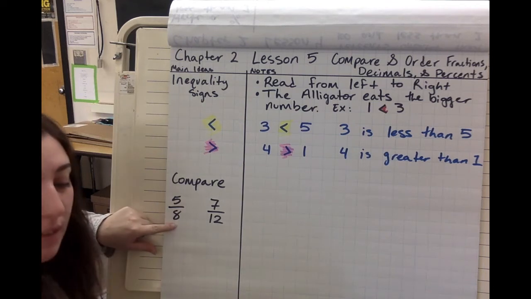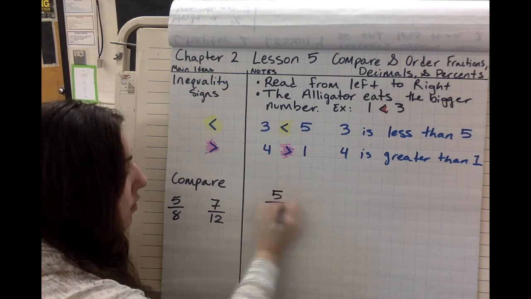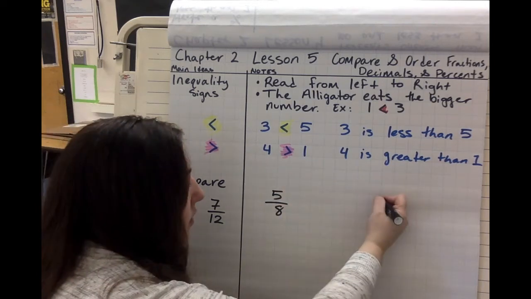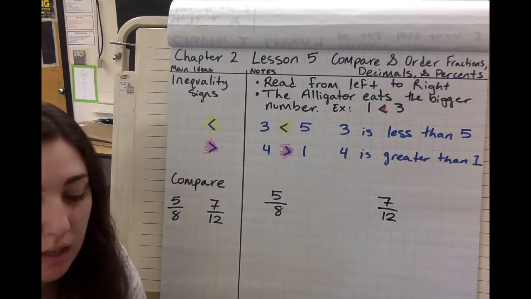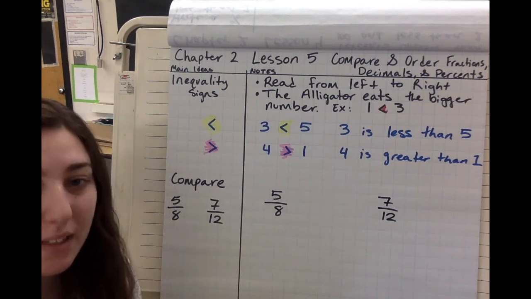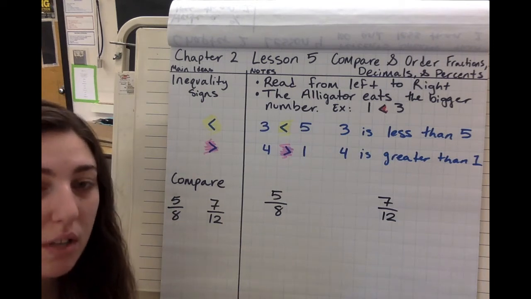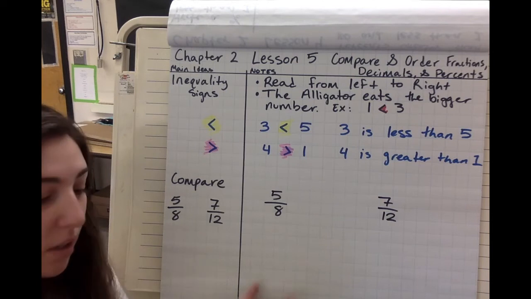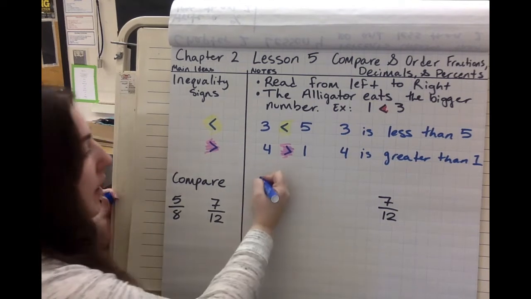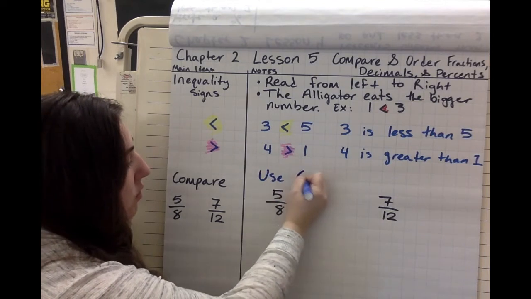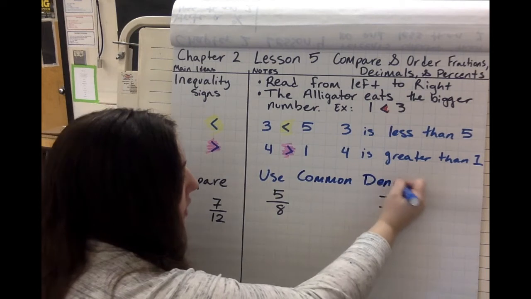So 5/8 and 7/12, I'm going to rewrite it over here. 5/8, 7/12, and I'm going to skip count by 8 and by 12 to see if they have a common multiple, something that I could use as a common denominator. And I'm going to write up here, use common denominator.